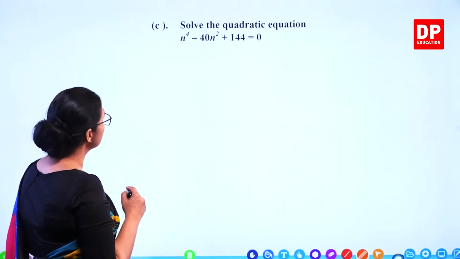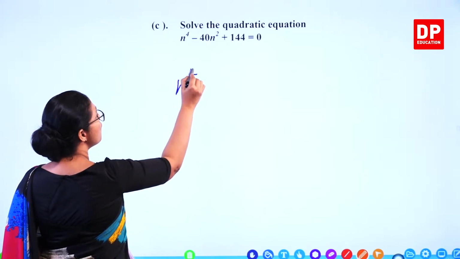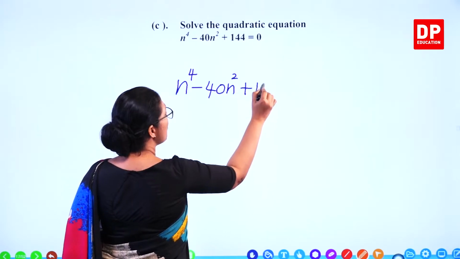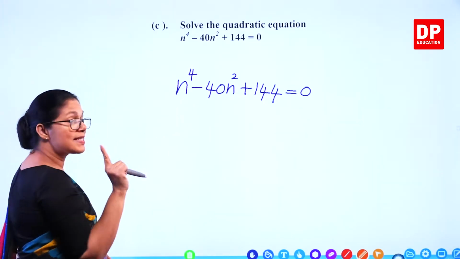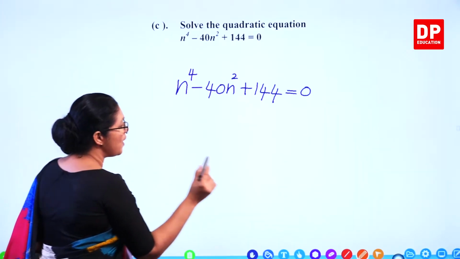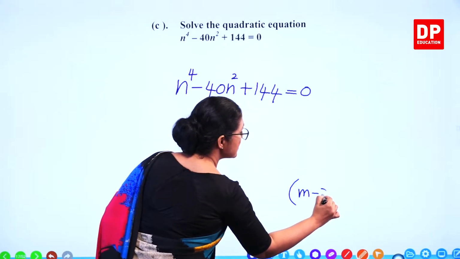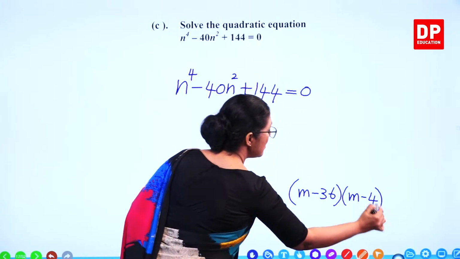Let's take the third part. Solve the quadratic equation to the power 4: n to the power 4 minus 40n squared plus 144. This is the same thing, but what's the difference? Now you get n to the power 4. We got before m minus 36 and m minus 4 as the factors.